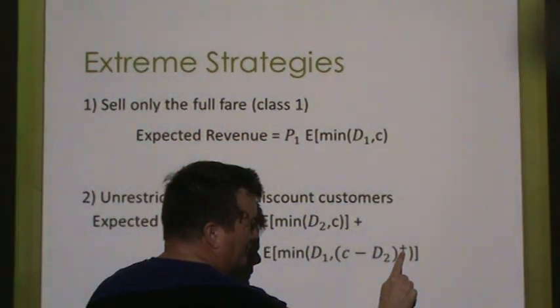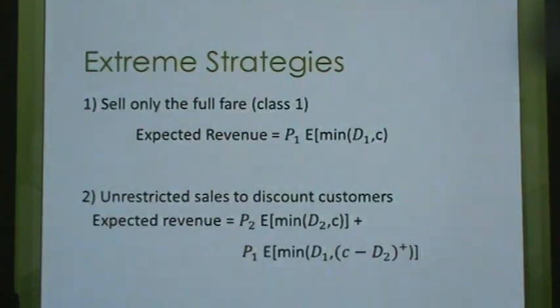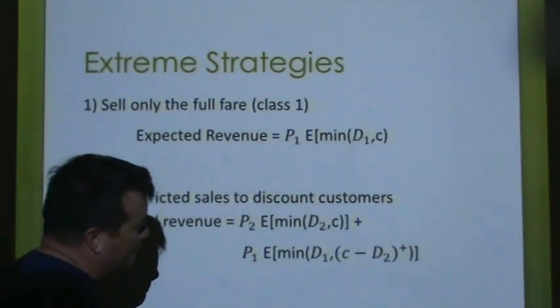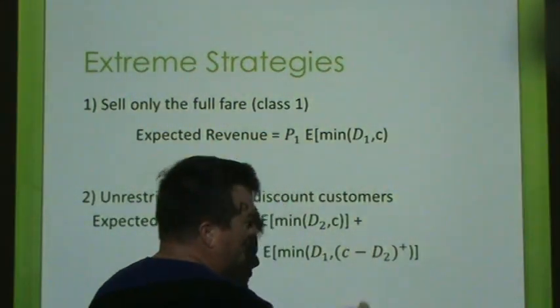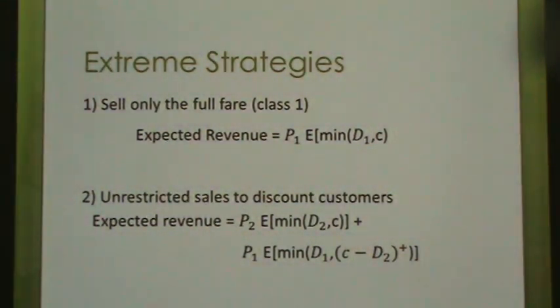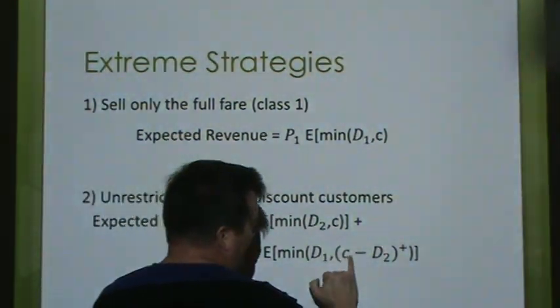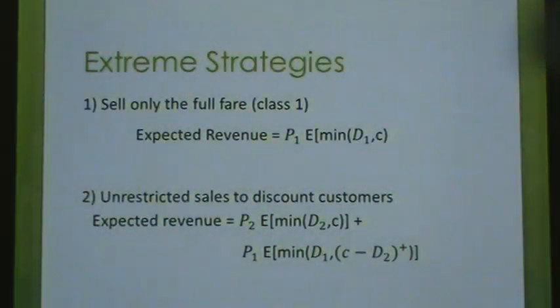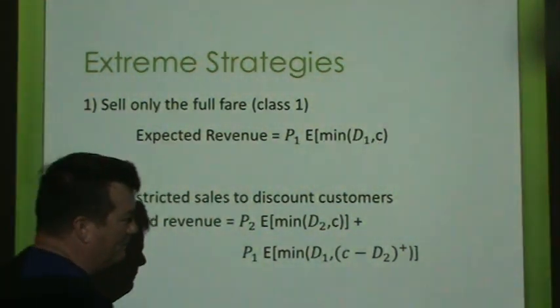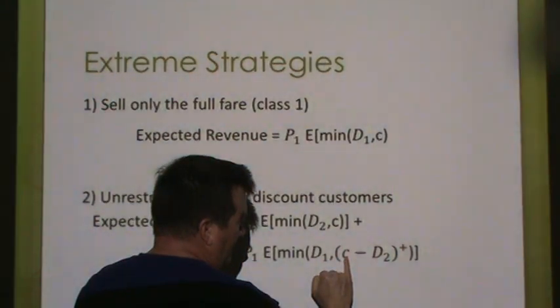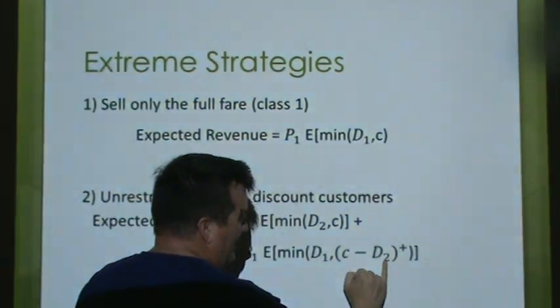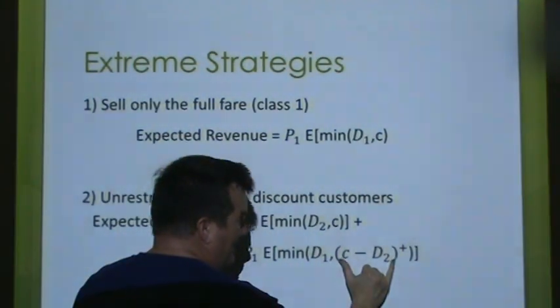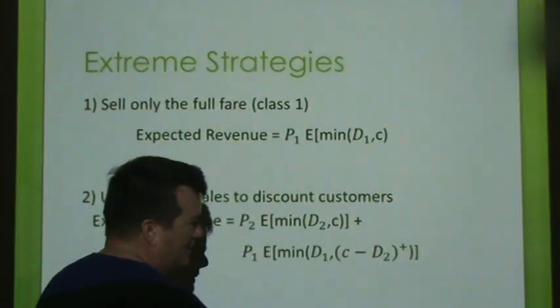Now this notation, I don't know if you've ever seen this one, it's always described as positive part. It looks like it's raised to the power of plus. They always say C minus D2 positive part. I think that's a confusing name for it, because what it means is we take C minus D2, and if this number is positive, we use that value.